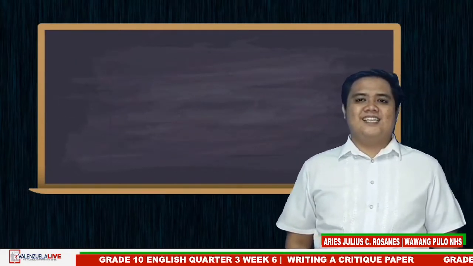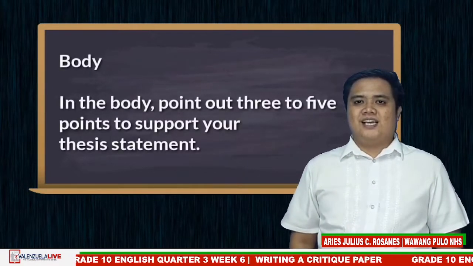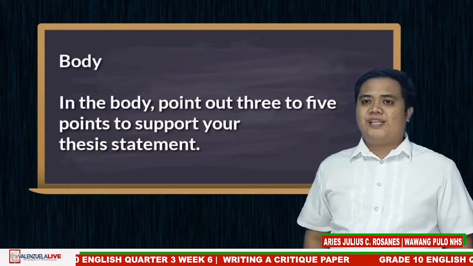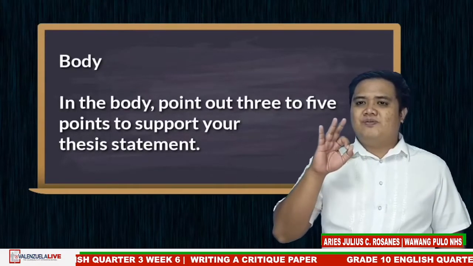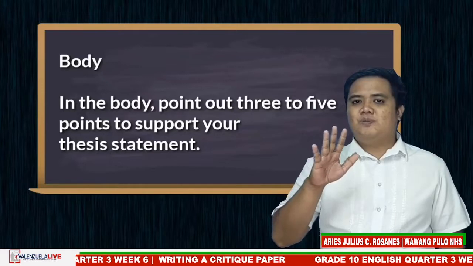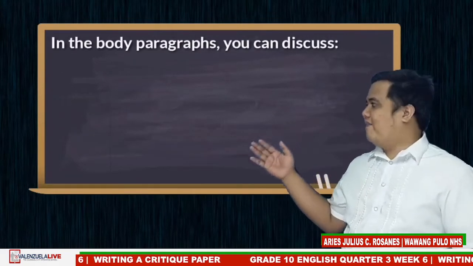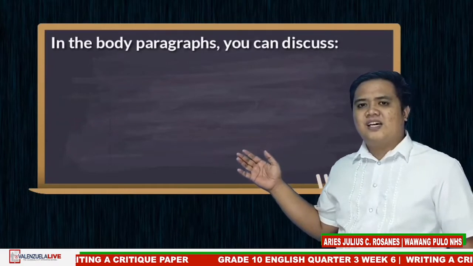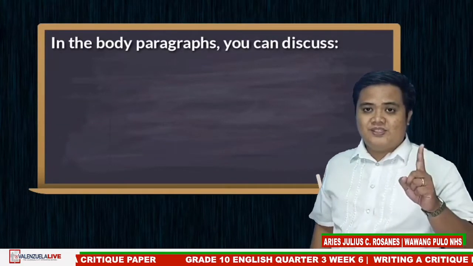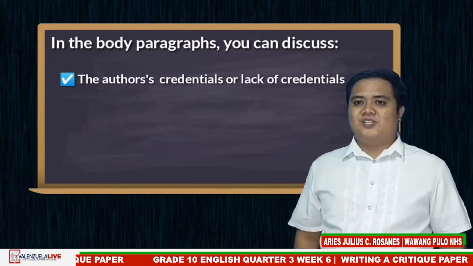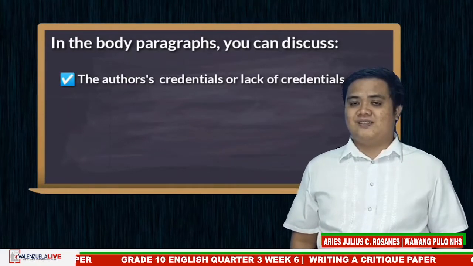Next is the body. In the body, you have to point out 3 to 5 points to support your thesis statement. In the body paragraph, you can discuss first, the author's credentials or lack of credentials.